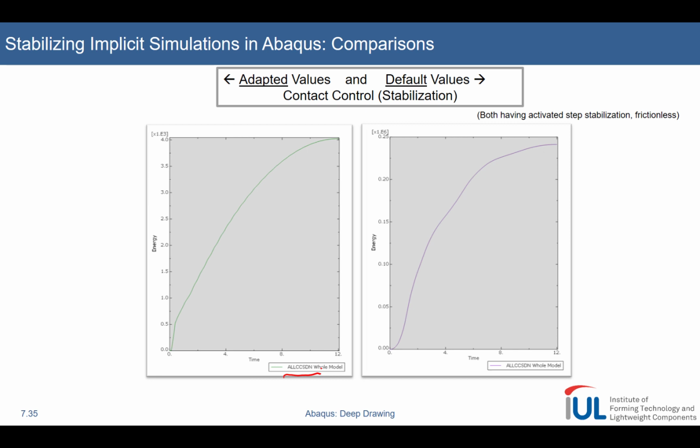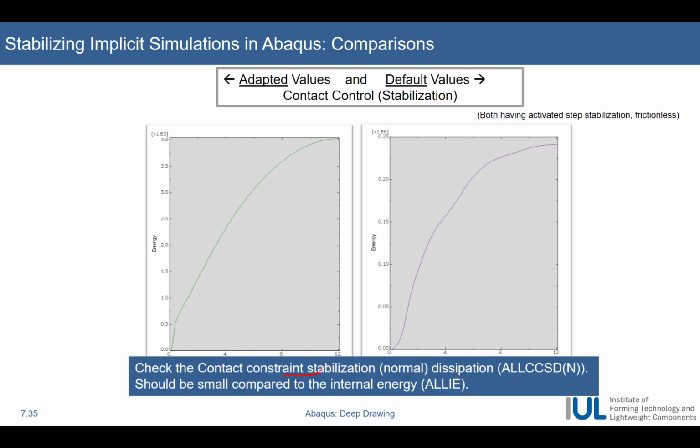And since I've used a frictionless simulation, and in my adapted values I used 0 for the tangential fraction as well, we only look at the normal value here. And so this is what you have to check and compare to your internal energy if you activate contact stabilization. So remember, the ALLSD, your general viscous damping energy, is the one you have to check when you use step stabilization, and if you activate contact stabilization, you should check your CCSDNT or the general form.